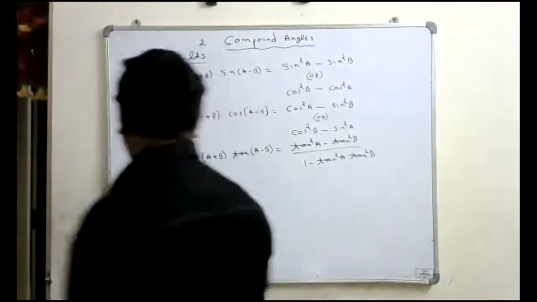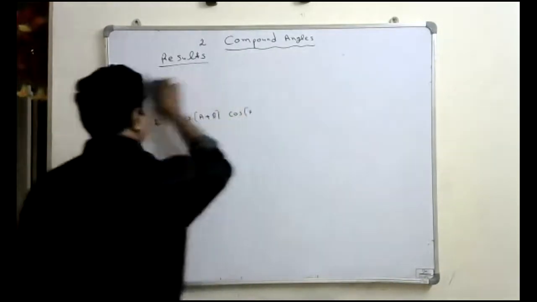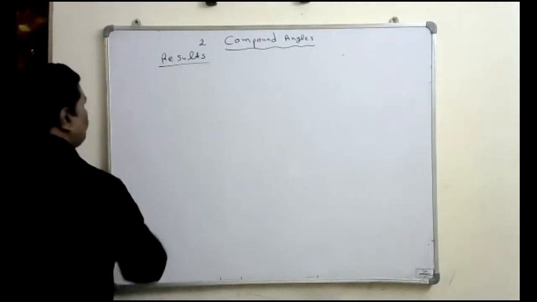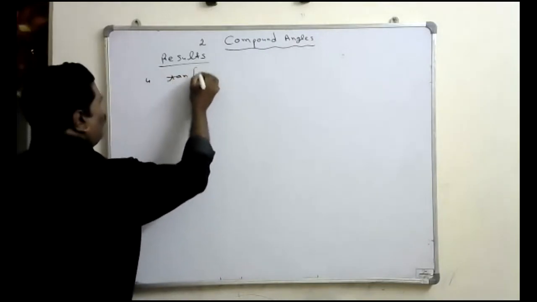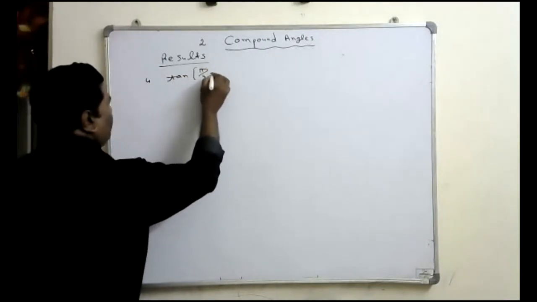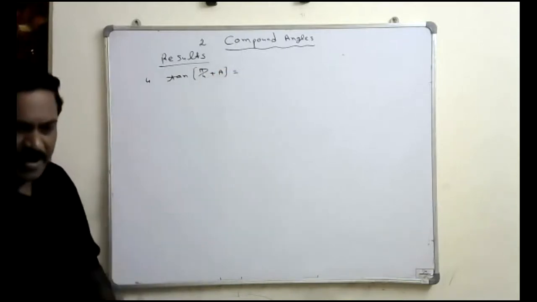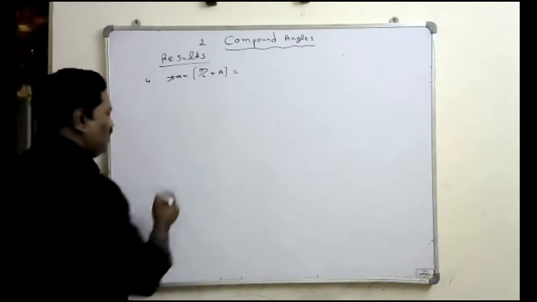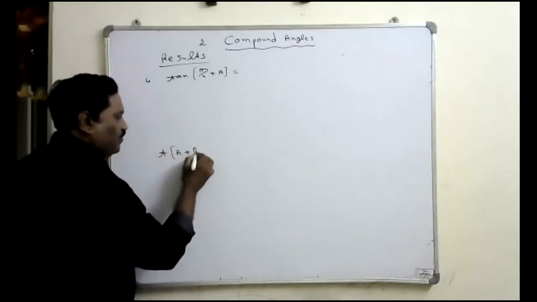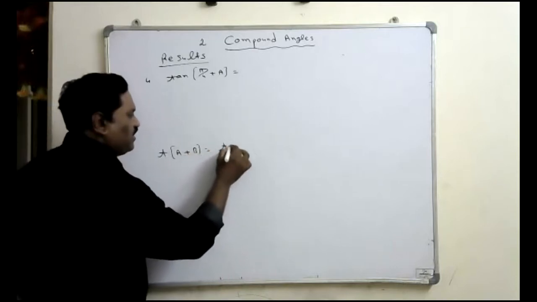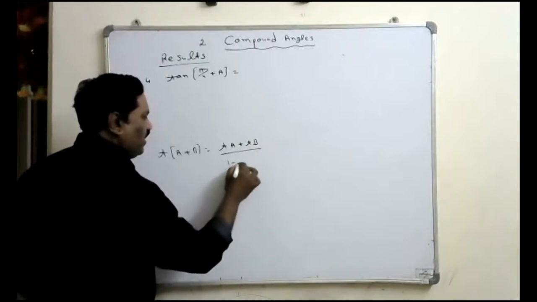Now, from this we will derive one more result. Suppose, the fourth one, I want to find the value of tan of pi by 4 plus A. If I want to write it, just consider the formula of tan of a plus b. The formula for tan of a plus b is tan a plus tan b upon 1 minus tan a tan b.